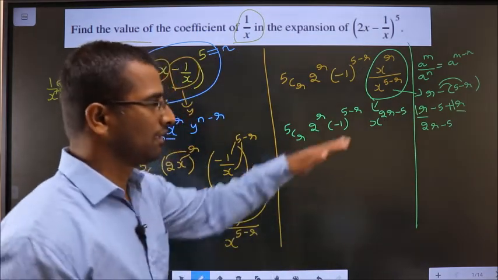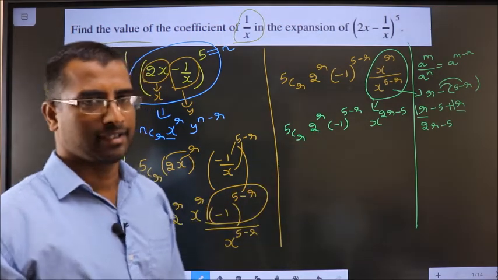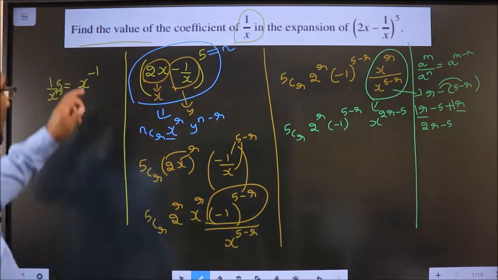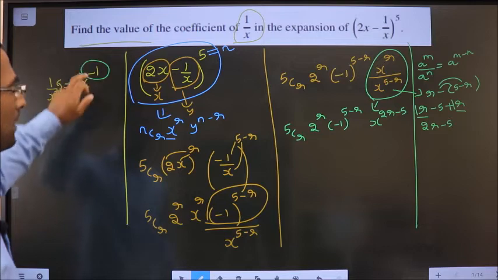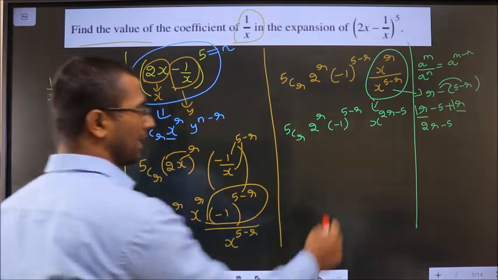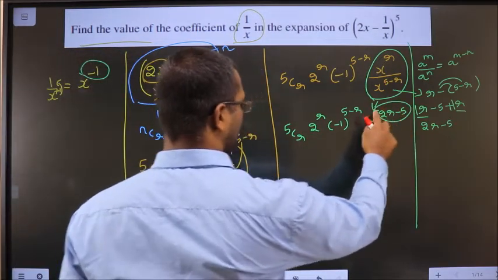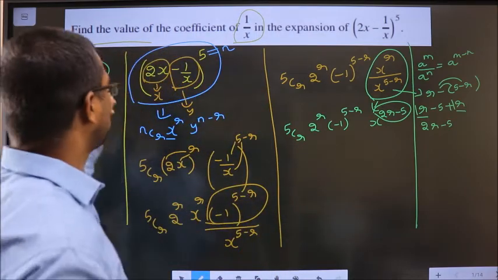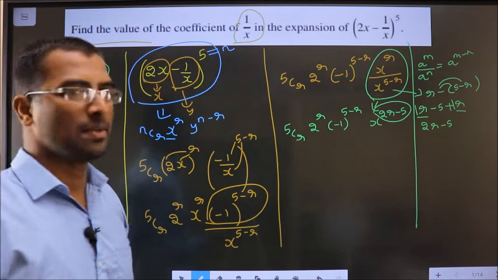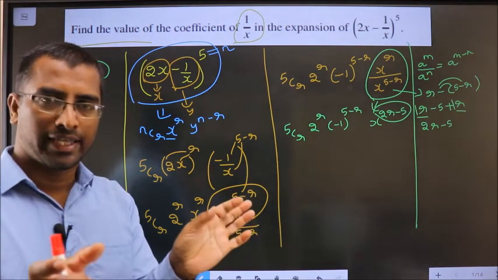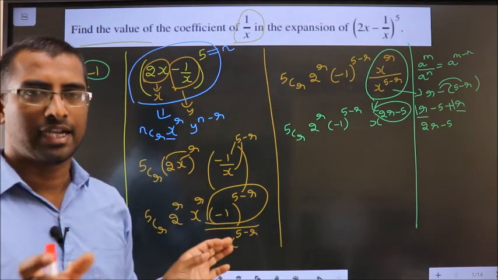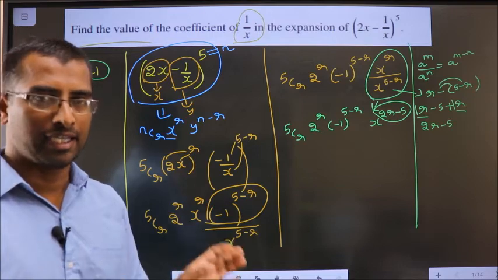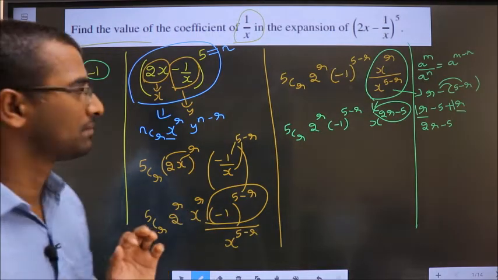Clear so far? Next, I need to find the coefficient of x power minus 1. Here I got x power 2r minus 5. Clear? X power minus 1 and here I got x power 2r minus 5. You should equate both the powers. That will give you the value of r. Equate both the powers of x.